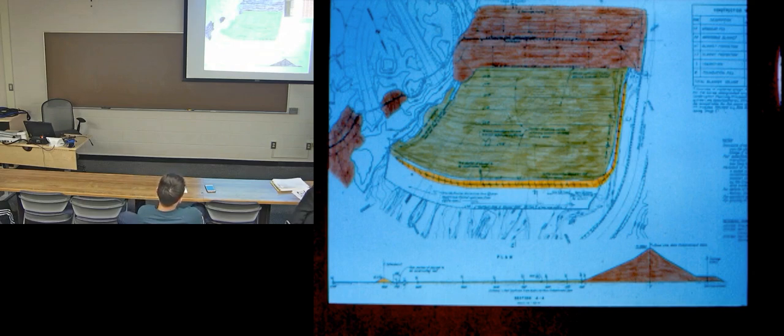That's where our flow net starts. The first flow line comes under here and way over here and maybe out the relief well. But along the way, there are all these drops in head, all these equipotential lines.